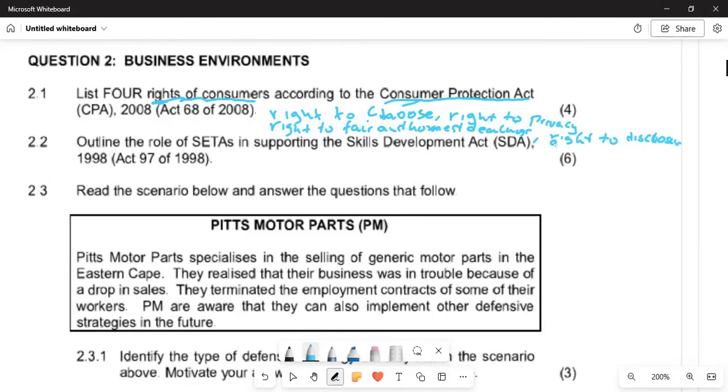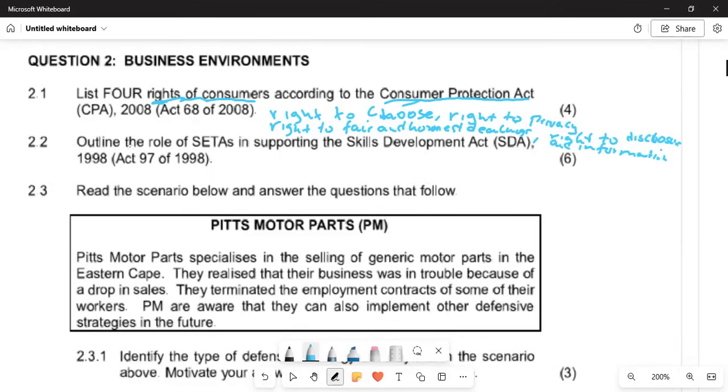It means consumers have the right to receive accurate as well as clear information from the business about the product and services. This is going to enable them to make informed decisions. That is very important. So these are the rights of the consumers according to the CPA, the Consumer Protection Act.